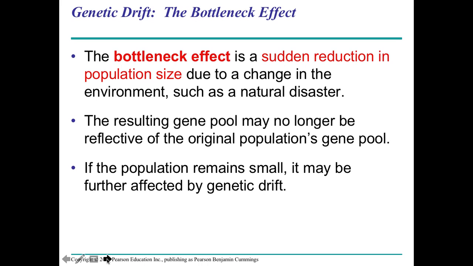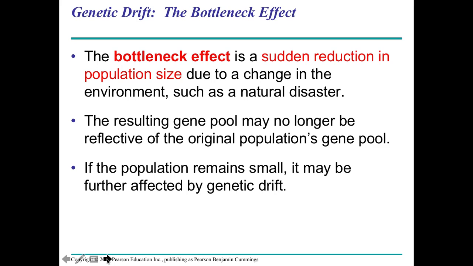So in genetic drift, there's another thing called the bottleneck effect. And that is when there's a sudden reduction in population size. So let's say a giant fire comes in and wipes out most of whatever species there is. Now that's called the bottleneck effect. So if the majority of a species is wiped out, there's only a few left.